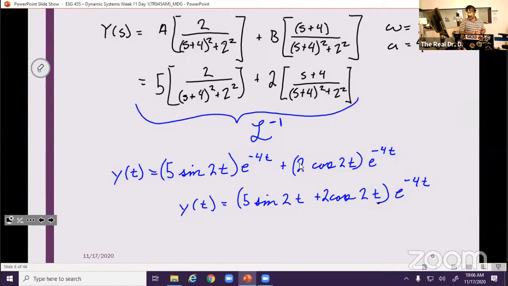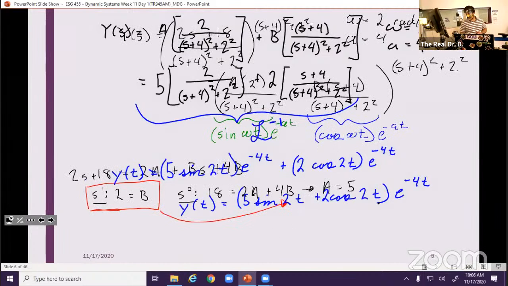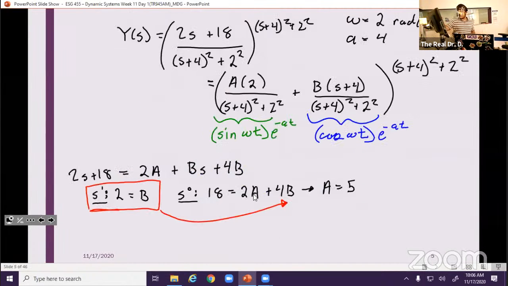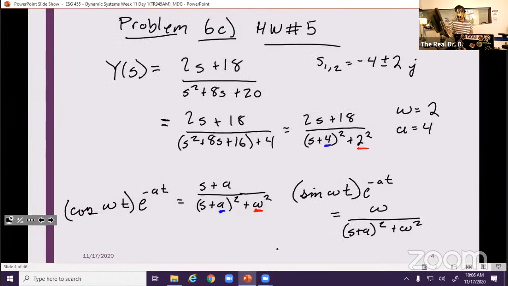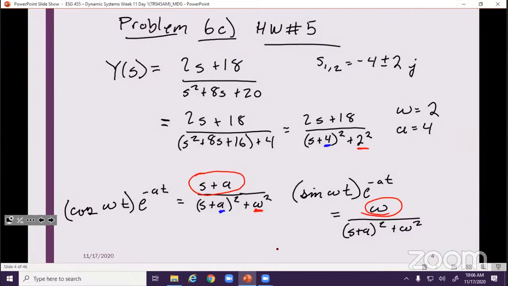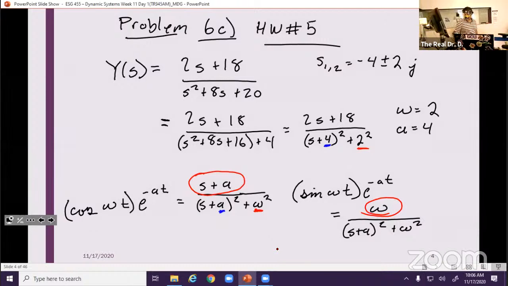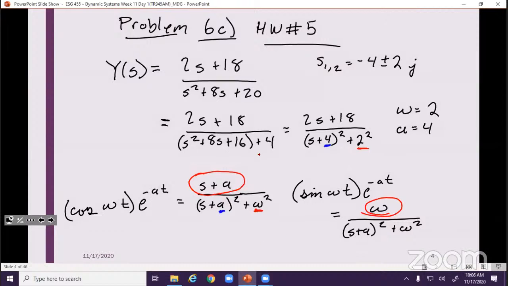But because we started with something in this form up here, if we go back and look at it, this has elements of both the numerator here and the numerator here, and so it has to be some combination of the two. Okay. Thank you. Sure.